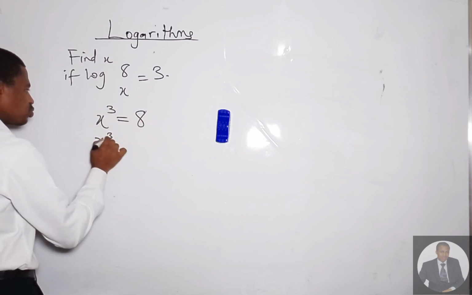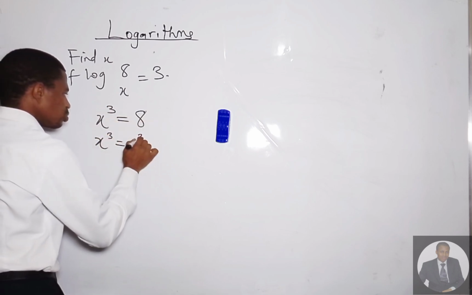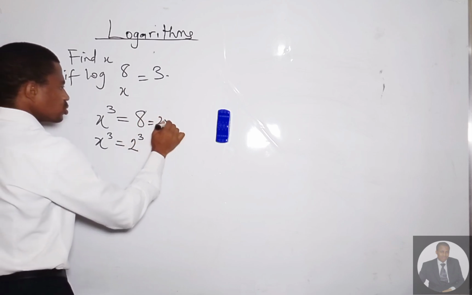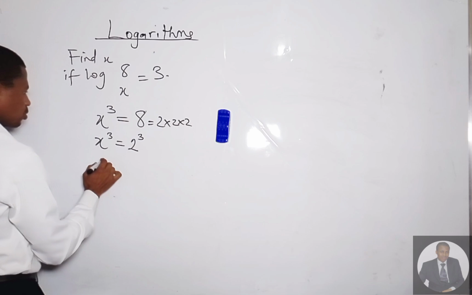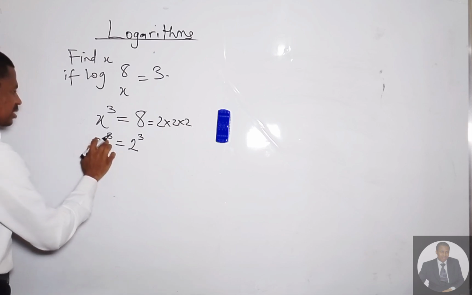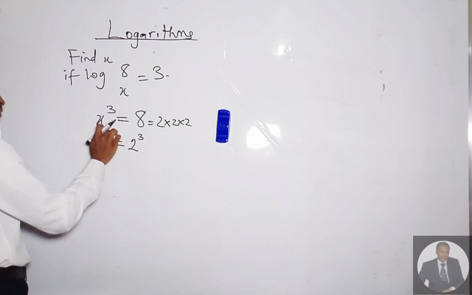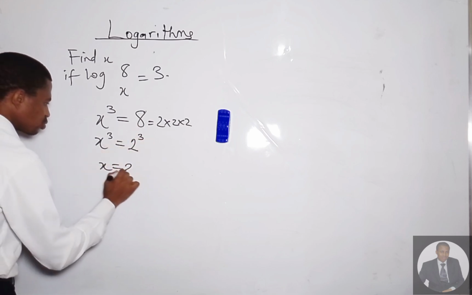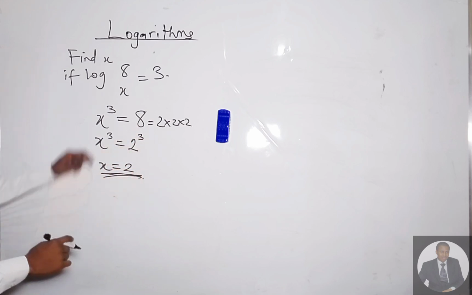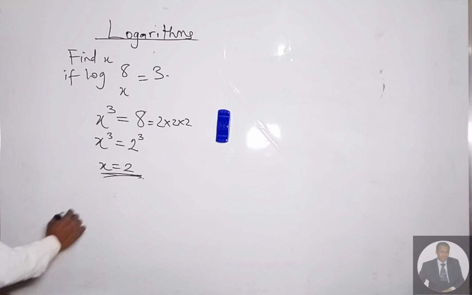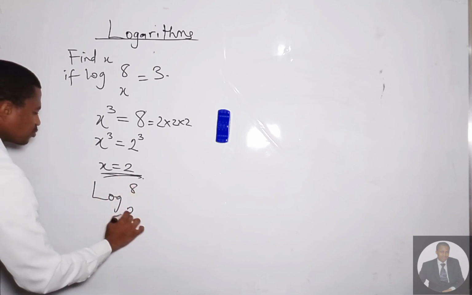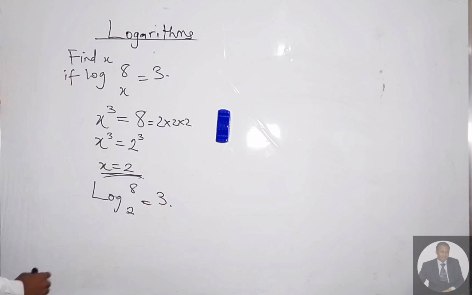So x cubed will be 2 cubed, since 8 is the same thing as 2 times 2 times 2. Since x to the power of 3 is the same thing as 2 to the power of 3, that means x will give us 2. So our answer here will be x equals 2. So we can say log 8 to the base of 2 is 3.